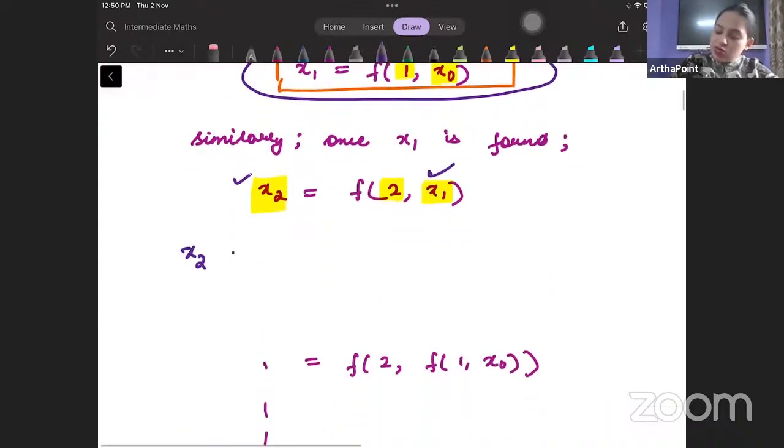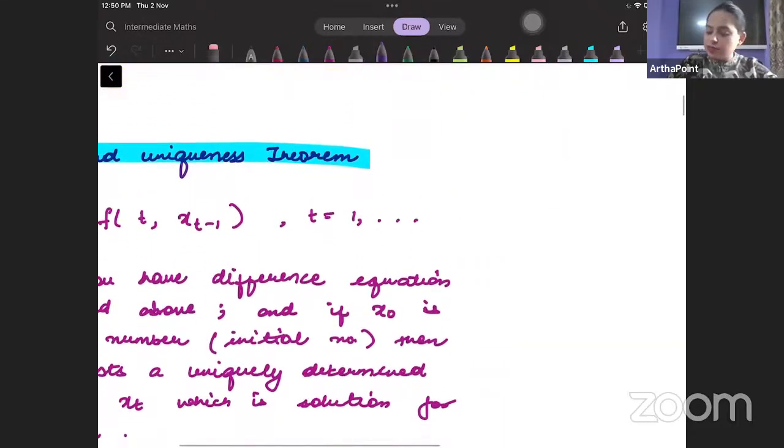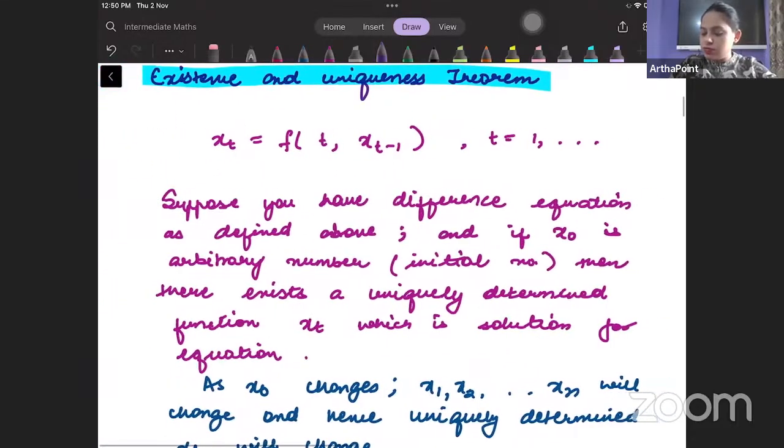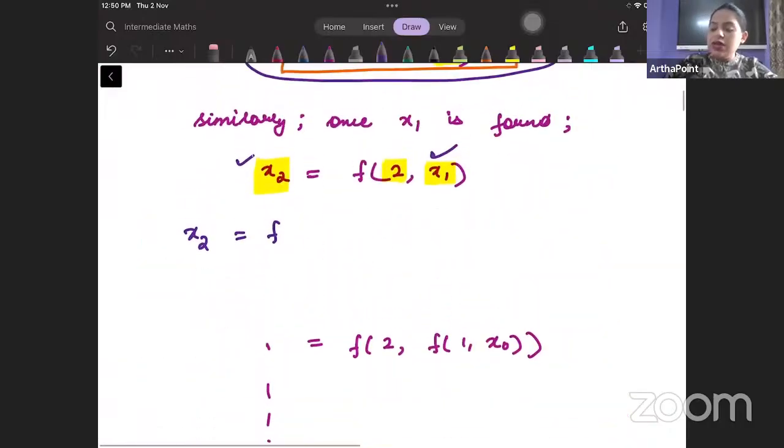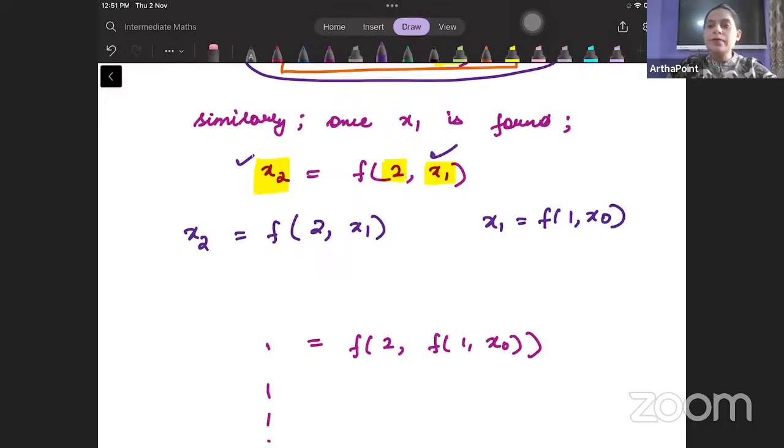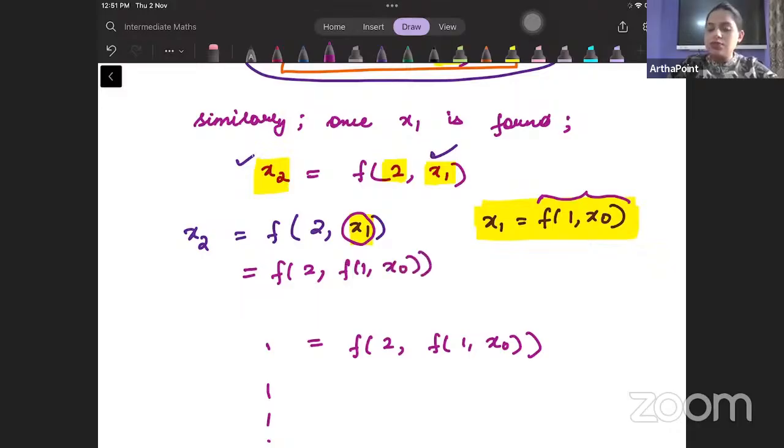If x2 is a function of x1, but x1 is a function of x0, instead of this x1, I can write this part. So what will I get? I will get f of 2, instead of x1, I am writing this function f of 1, x0.